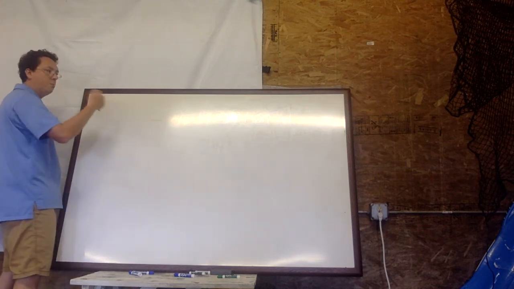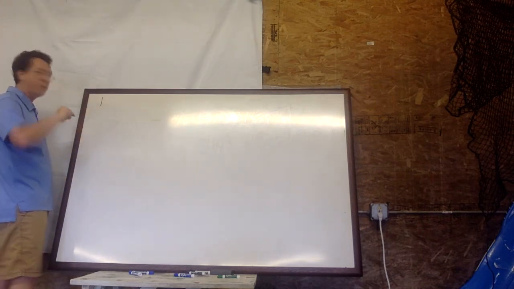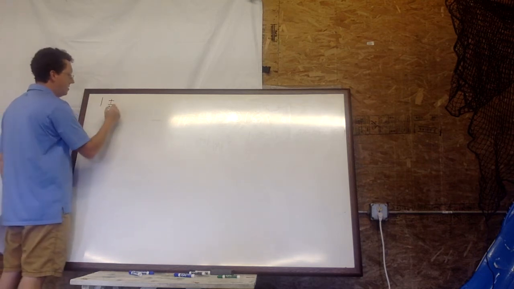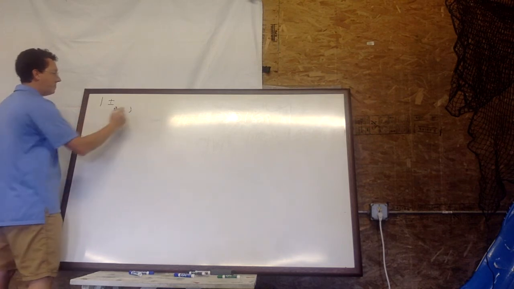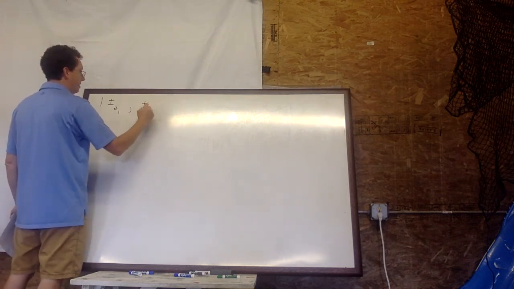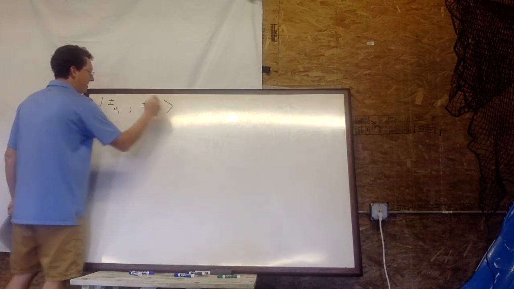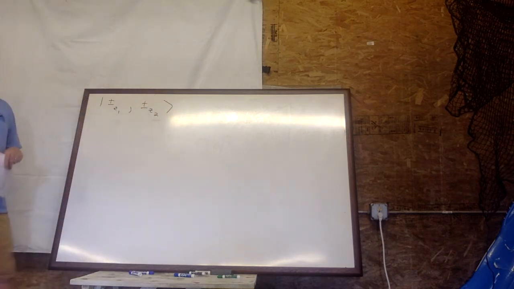You could have plus or minus 1 for particle 1 in the z direction, and you could have plus or minus z for particle 2. So what's the dimensionality of that? How many independent choices can you make? What do you think? Should be 4.